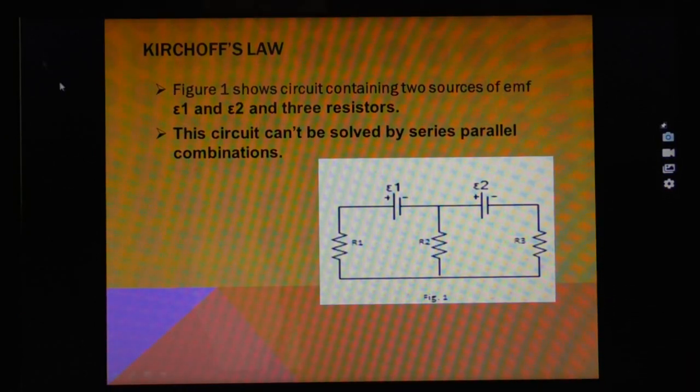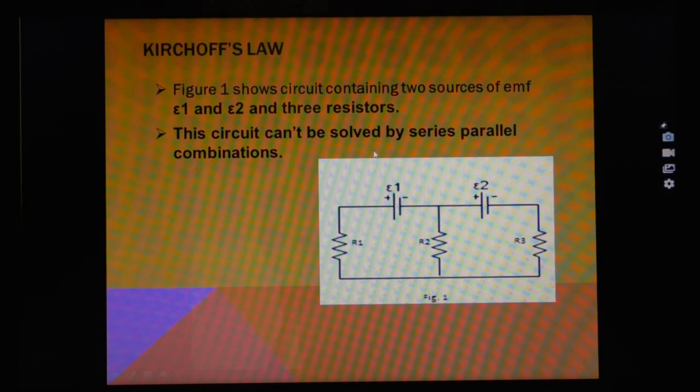In the case of Kirchhoff's law, you can see here in the given figure how many sources, how many batteries. There are two batteries, epsilon 1 and epsilon 2, and three resistors connected, that is R1, R2 and R3. Figure 1 shows a circuit containing two sources of EMF and three resistors.